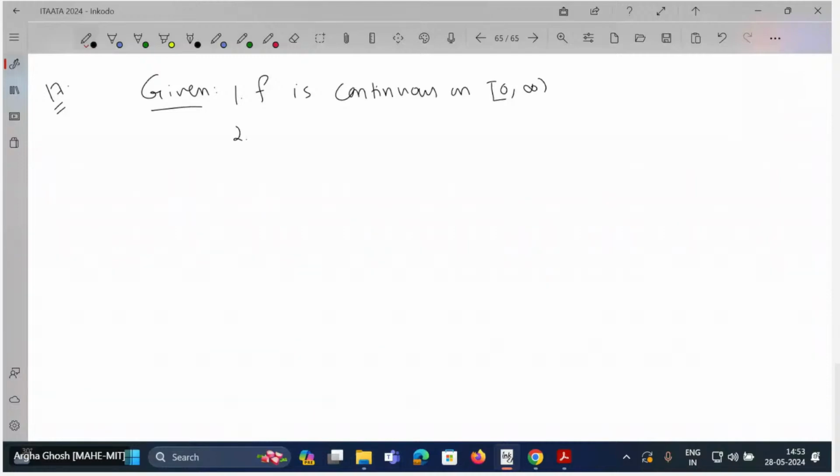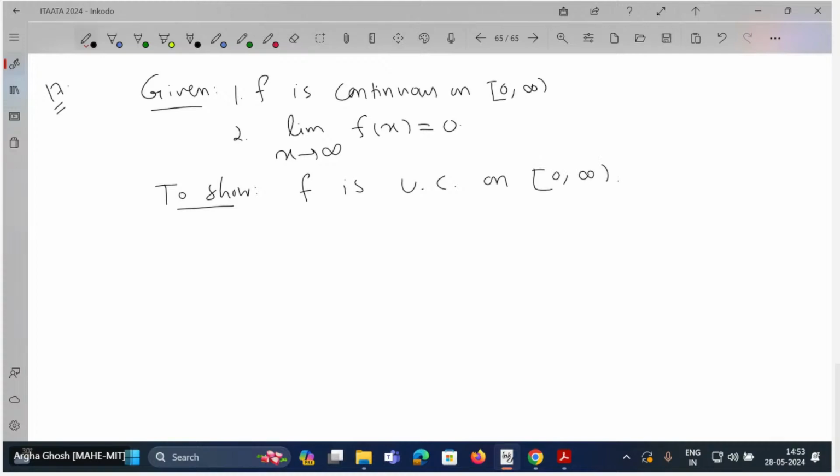Second, the limit as x tends to infinity of f(x) equals 0. What you have to show is that f is uniformly continuous on 0 to infinity.